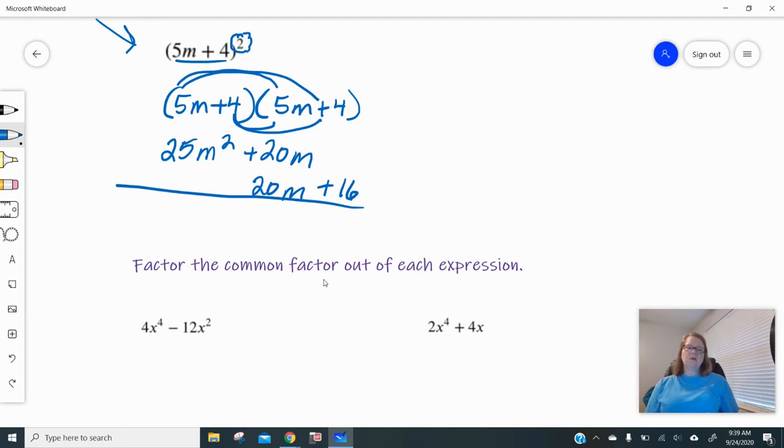Now, you might have learned a shortcut or a trick with some problems. There is a pattern that you'll see if you do enough of these types of problems called perfect squares. I have found over the years that students don't do well with this trick or shortcut.